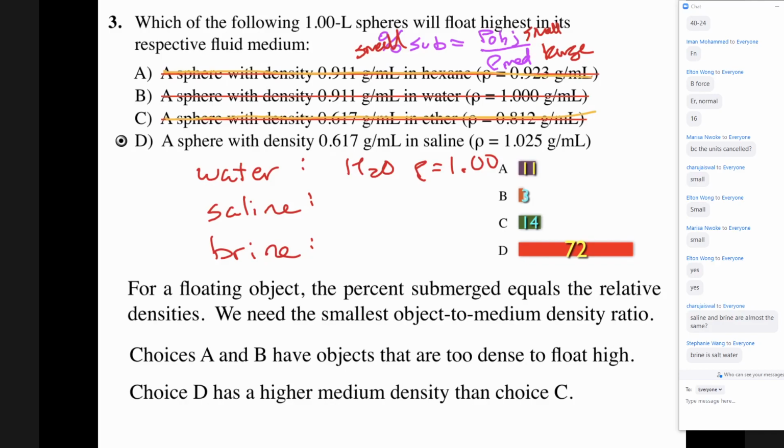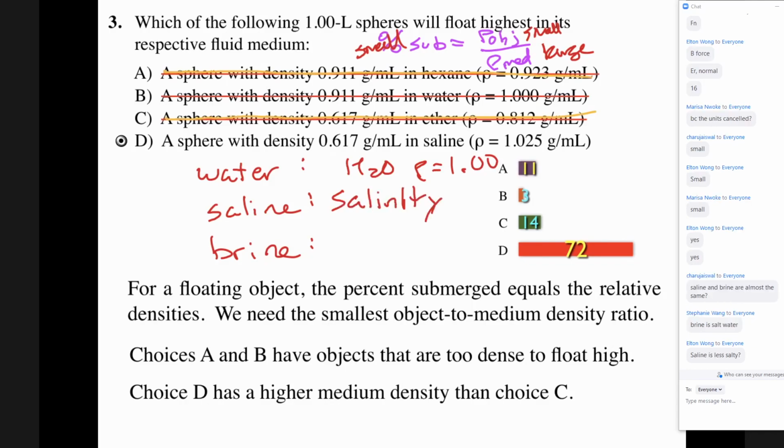Saline is saltwater, brine is saltwater. Which is which? Saline means the salinity or the molarity of the ocean. Brine is saturated salt. So please tell me, when you look at these words, you start thinking things like hypertonic, hypotonic, isotonic.